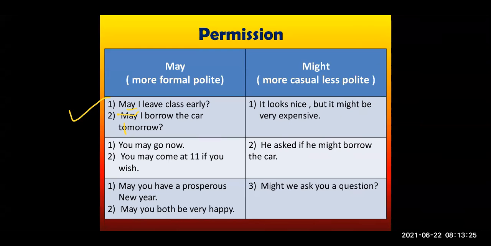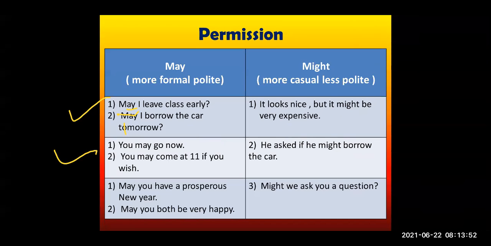See, first we are complete about may only. First we have seen may I leave class early. Second, may I borrow the car tomorrow. Here we are asking for permission. Now we will see the use of may to give permission.